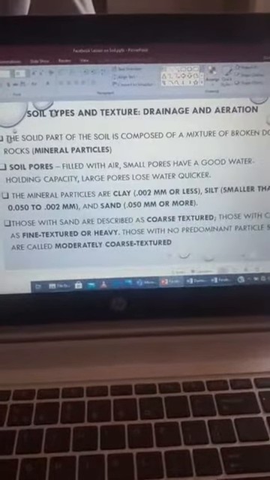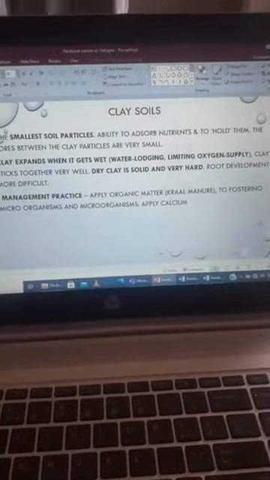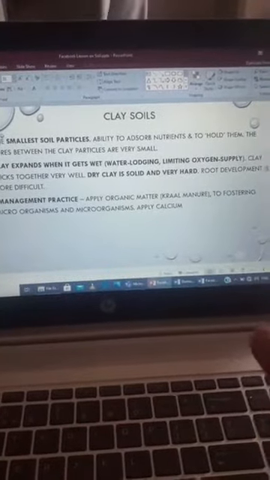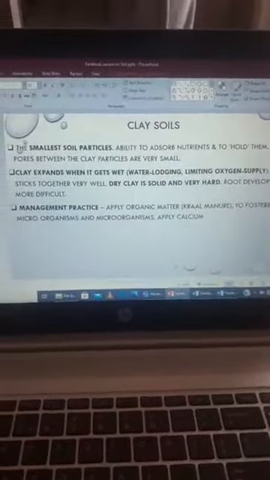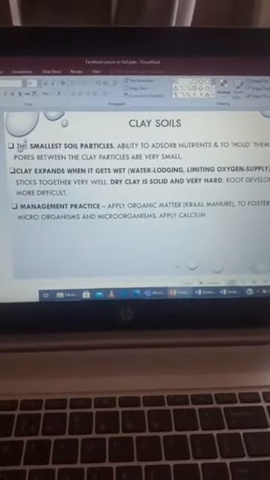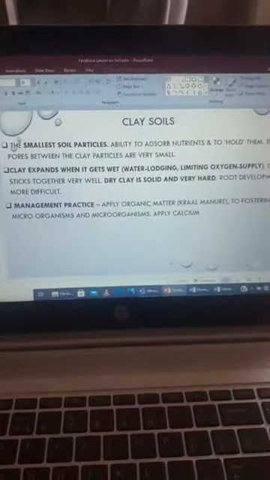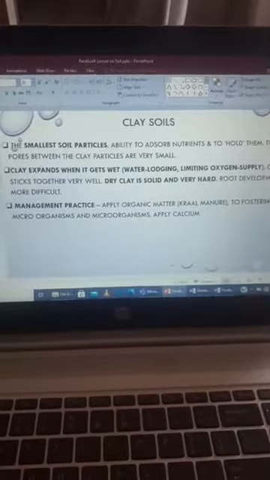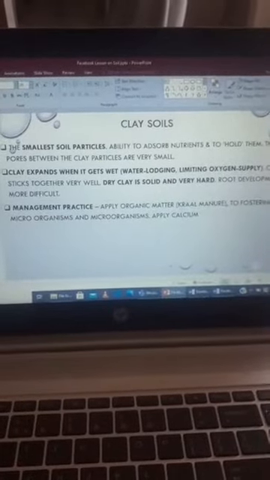We know clay soil often leads to water logging, where water does not infiltrate well and that limits the oxygen supply. Plants need oxygen to grow.